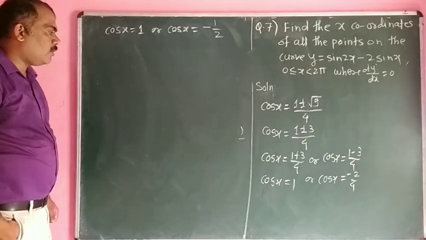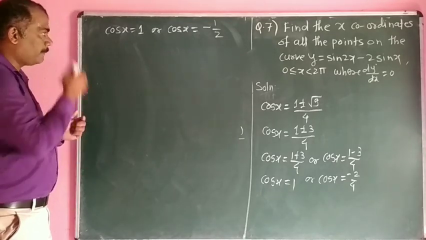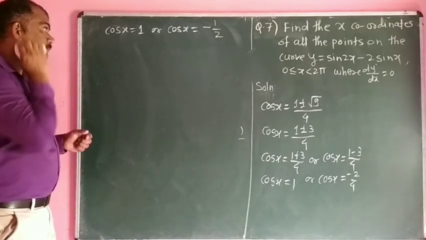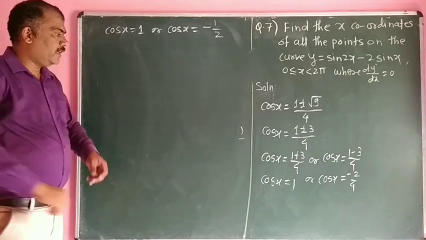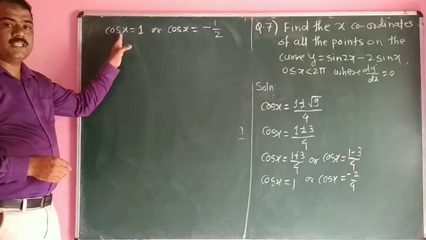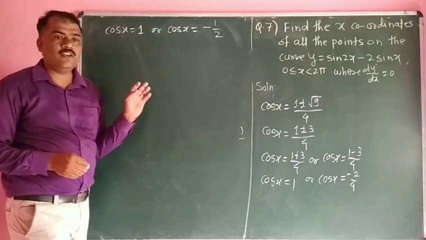Okay. Now by using the allied angles formulae, we can find out the value of this x. That means we have to find the value of the angle.